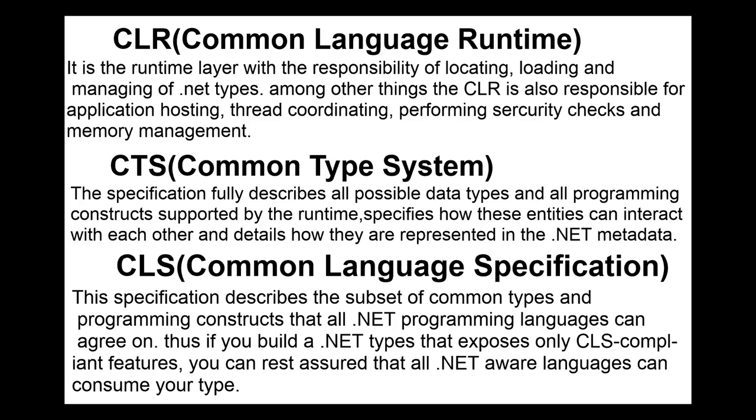All of them are described in this specification or in this layer of the .NET base class library. Not only this layer describes the types, but it also describes the relationship between these types.